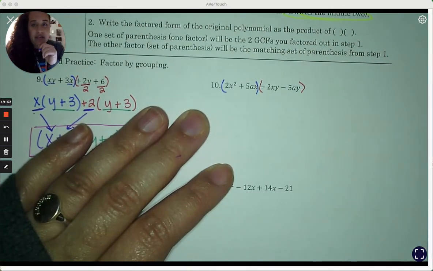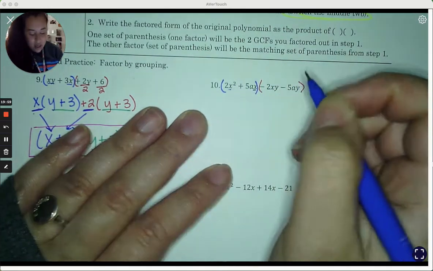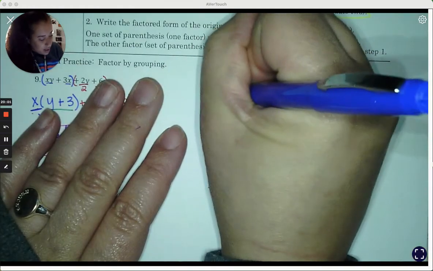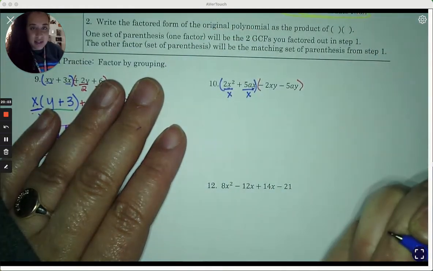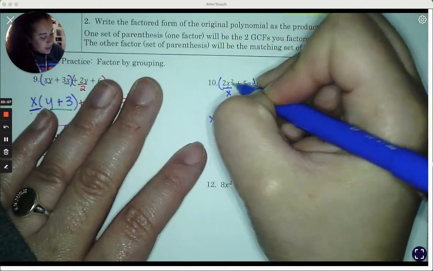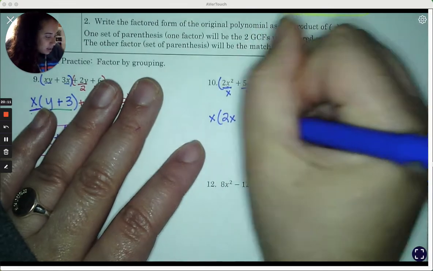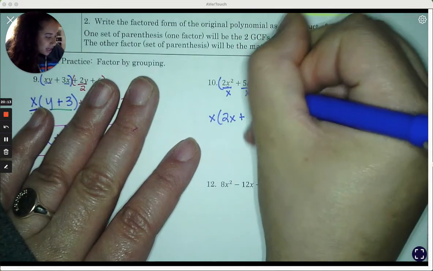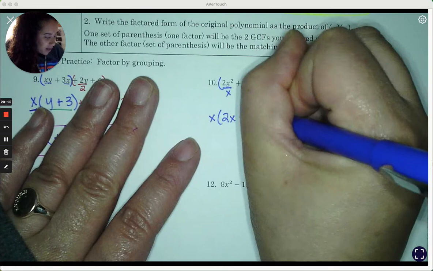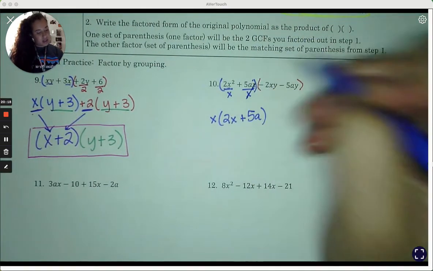I can't factor anything from 2 and 5, but they both share an x, so I can divide both of these by x. So x will go on the outside. 2x squared divided by x is 2x plus, the x's will cancel, so we have 5a.